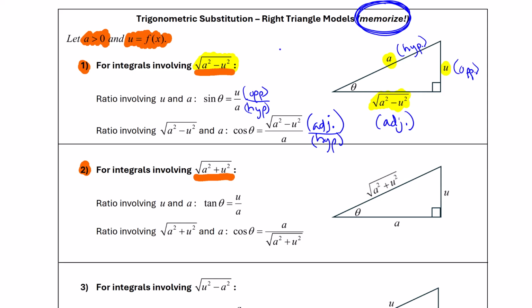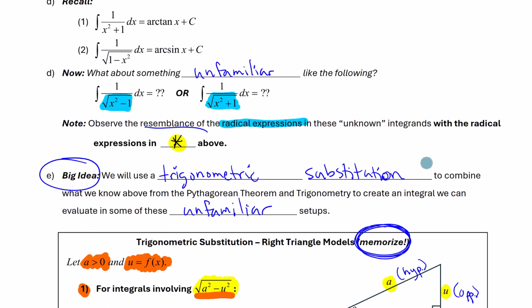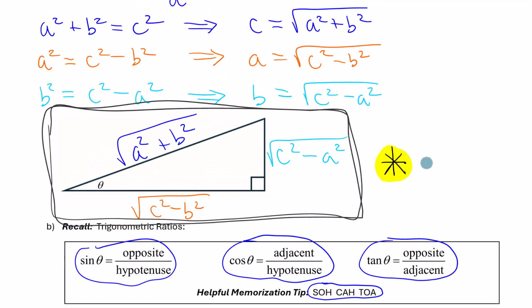Well, let me refer back to what we said originally above, and I'll try to highlight some of this. Notice the following. When you have an a squared plus u squared underneath the square root, that ends up in this model as the hypotenuse, and for the moment you may just be taking my word for it, but now go back up to where we started with all that Pythagorean work.